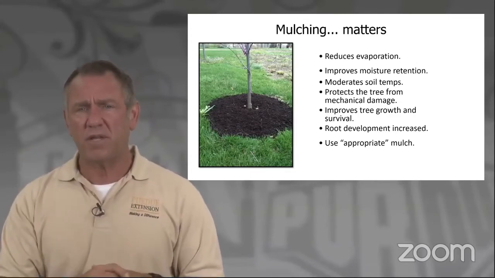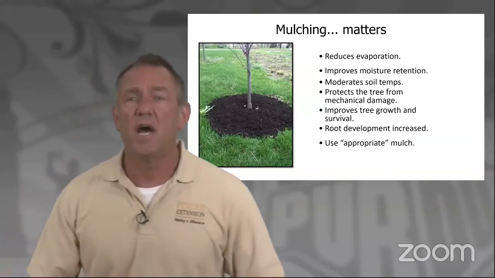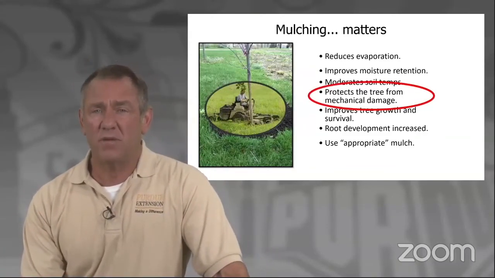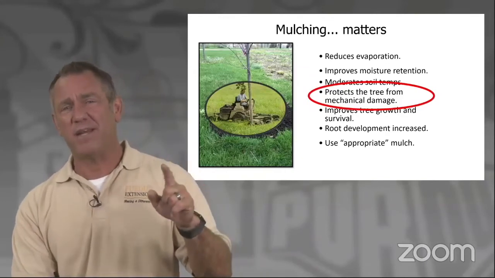One of the most important things that mulching helps with is protecting trees from mechanical damage. That is one of the biggest issues I see, especially in urban areas, is protecting from these guys that you see right here.